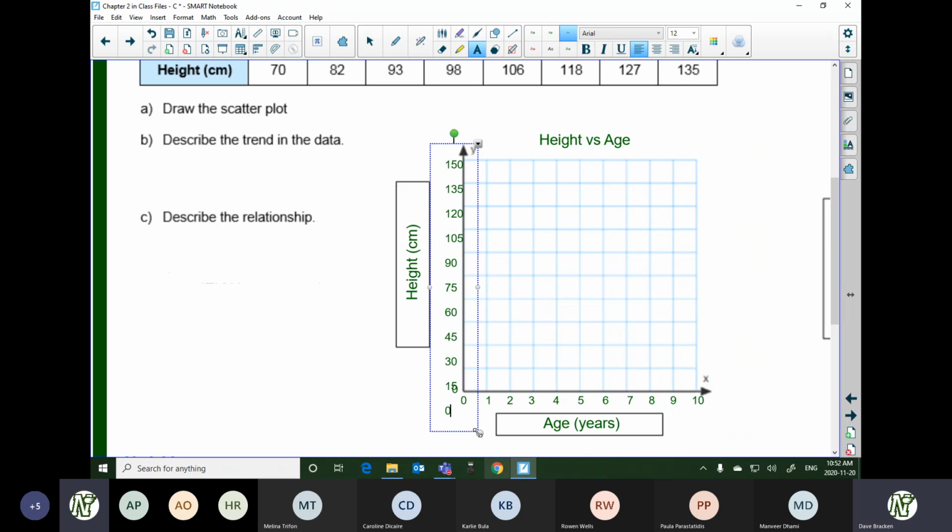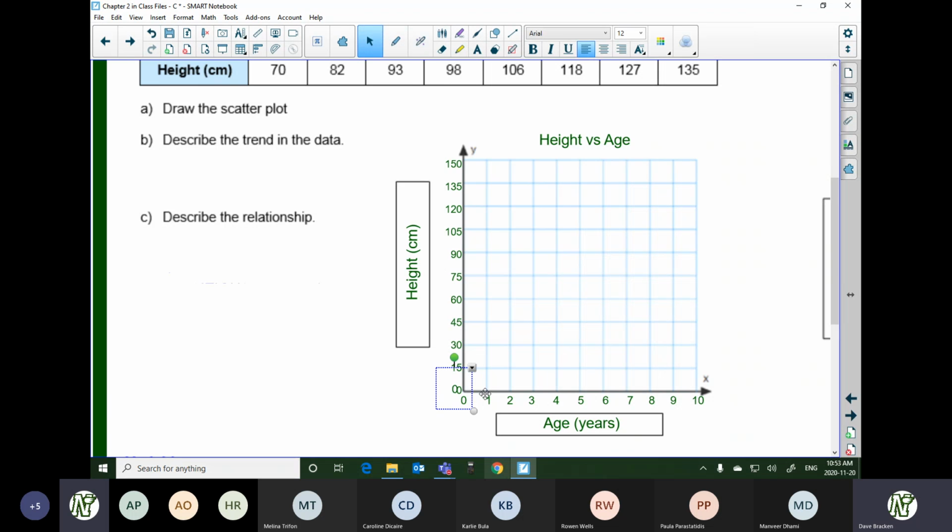So now all I have to do is shrink this down just a little bit. Put all those to the right. And I think I can sneak my scale in. Right like that. Okay. You guys okay with that there?